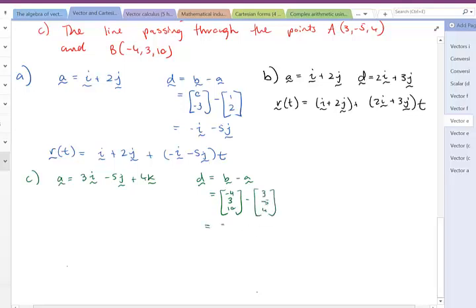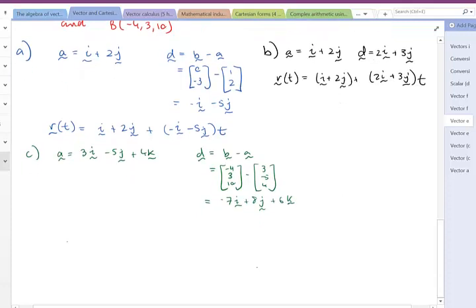Means we end up with negative 7 in the i direction, 3 plus 5, so 8 in the j direction, and 6 in the k direction. So that means our vector equation of the line is going to be 3i take 5j plus 4k, and add on negative 7i plus 8j plus 6k multiplied by that parameter t.